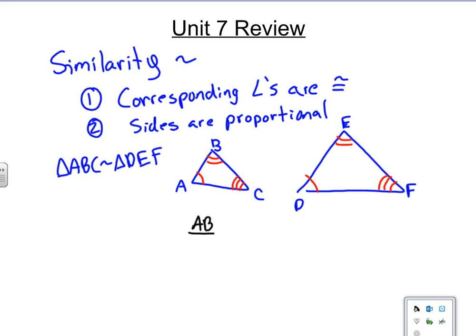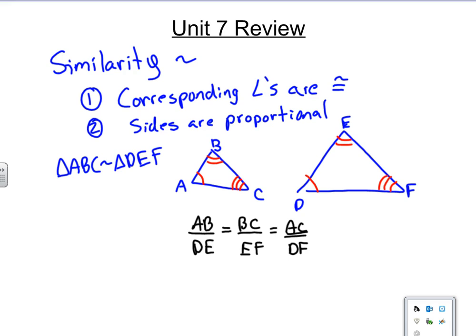When I set up the proportion, the way I like to do it is I put all the sides of one triangle on the top, so AB, BC, AC, and then the corresponding sides beneath them: DE, EF, and DF. Sometimes, if we know some of the lengths, we can see that those proportions exist.